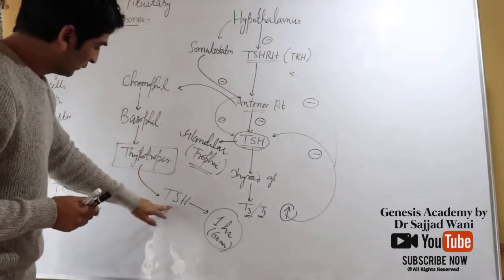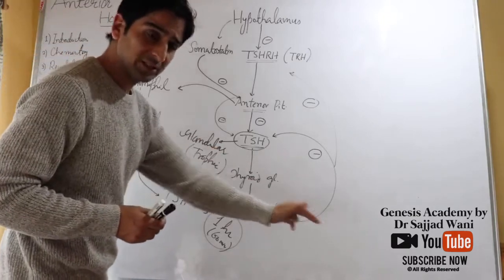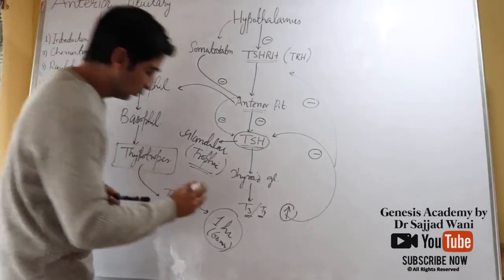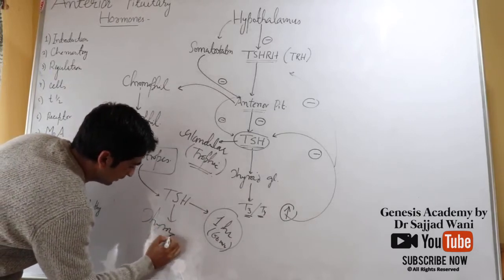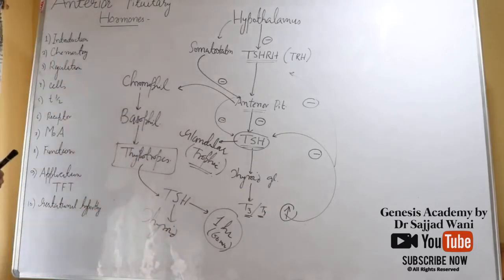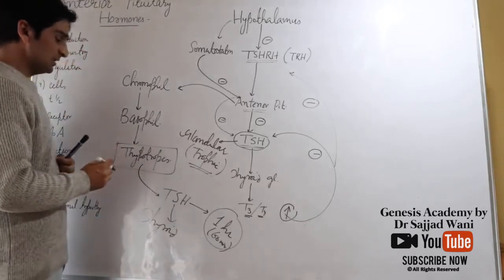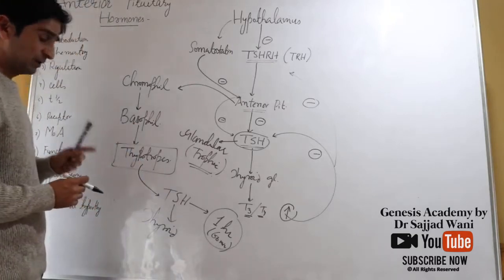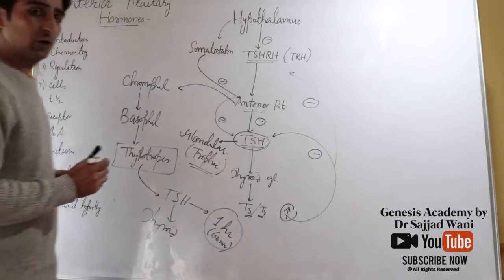So this thyroid stimulating hormone is released from the thyrotropic cells and goes to its target cells, and the target cells for thyroid stimulating hormone are located in the thyroid gland. They are present in the thyroid follicles. So the cells which are the targets of thyrotropin, or thyroid stimulating hormone, are located in the thyroid gland and they are the follicular cells.